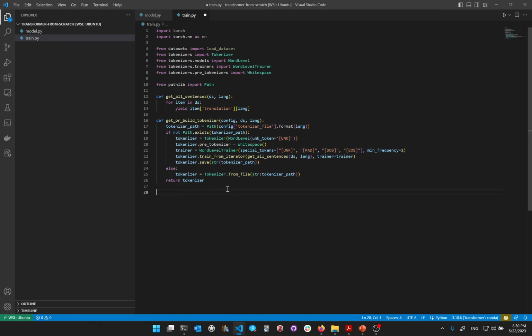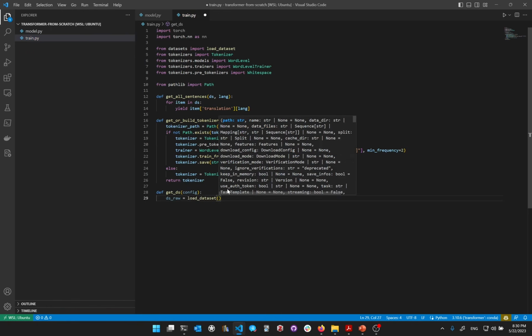Now let's write the code to load the dataset and then to build the tokenizer. We will call this method getDataset, and it also takes the configuration of the model, which we will define later. So let's load the dataset. We will call it ds_raw.